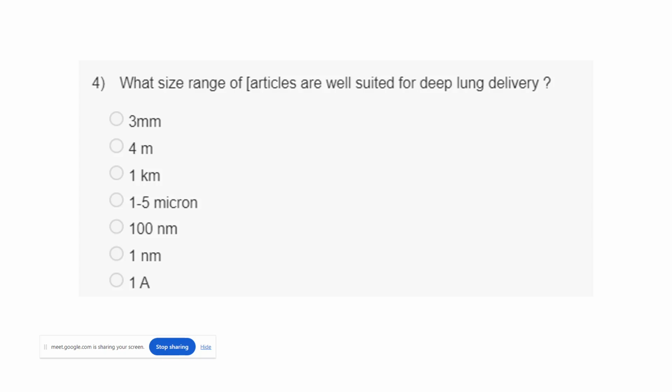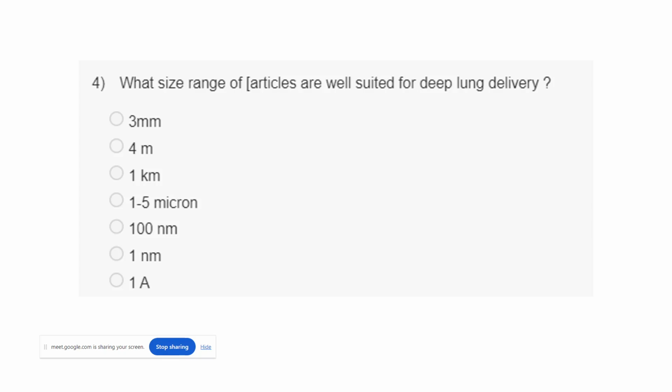What is the size range that is well suited for deep lung delivery? Ma'am, option 4.